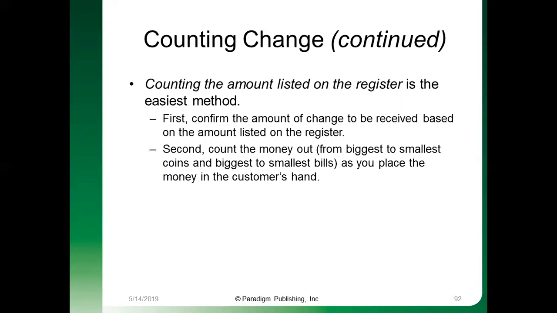So first confirm the amount of change to be received based on the amount listed on the register. Second, count the money out from the biggest to the smallest coin and the biggest to the smallest bill as you place the money in the customer's hand. So if the customer is to receive $12, you'll get the $10 bill and then 2 ones. So you'll count 10, 1, 11, 12.